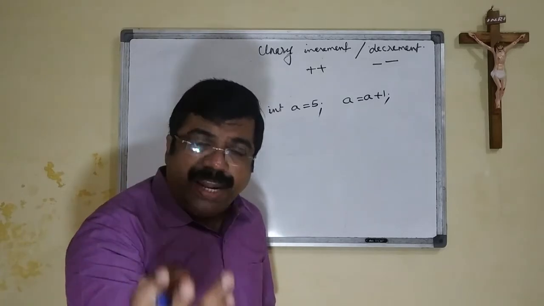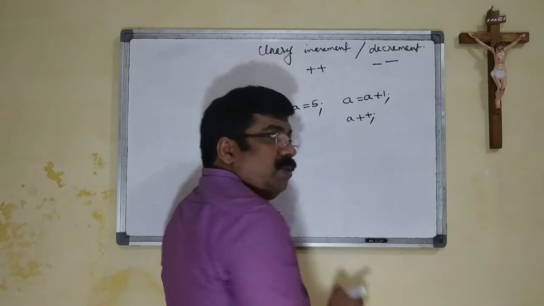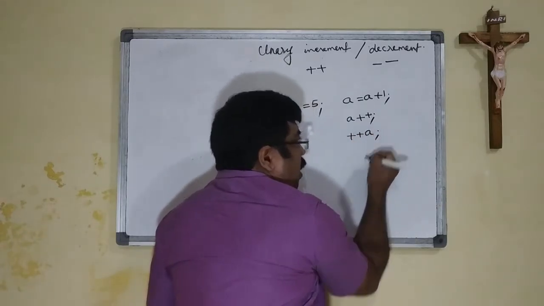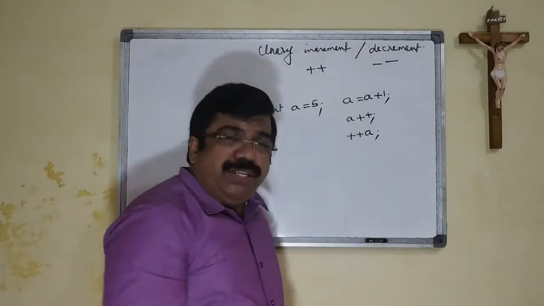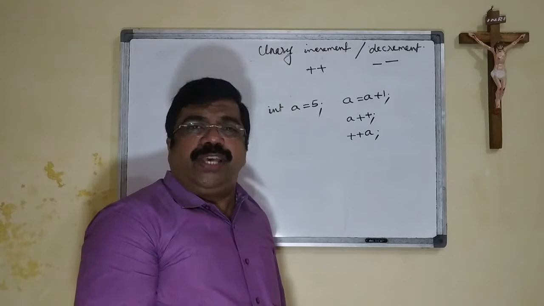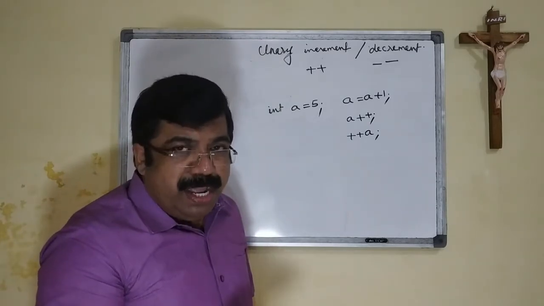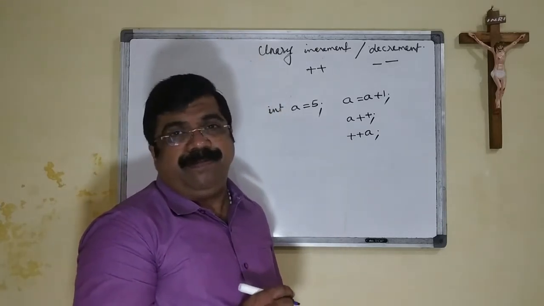Similarly, we can write it as a plus plus or plus plus a. These all three statements are doing the same operation. What is that? Incrementing the value of the variable by 1.